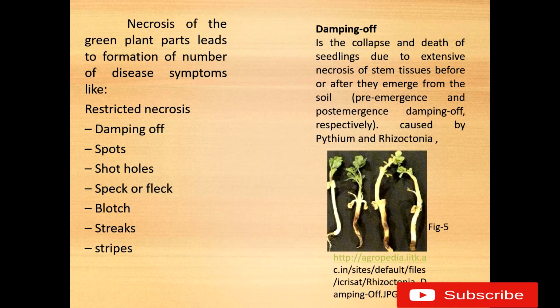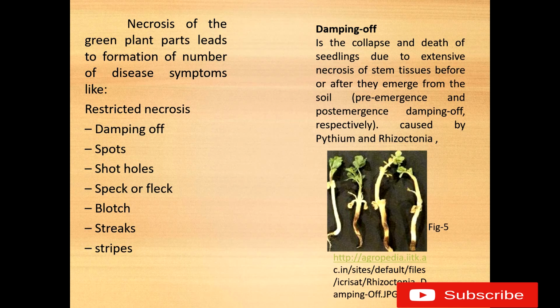In green plant parts there is mostly restricted necrosis like damping off, spots, shot holes, flecks, blotches, streaks, stripes, which we'll deal with later. So what do you mean by damping off? It is the death of seedlings.